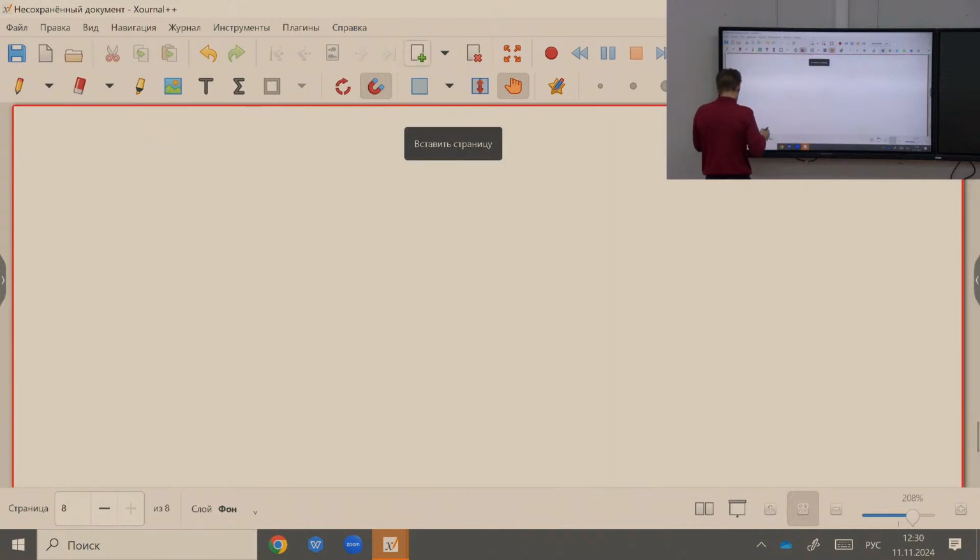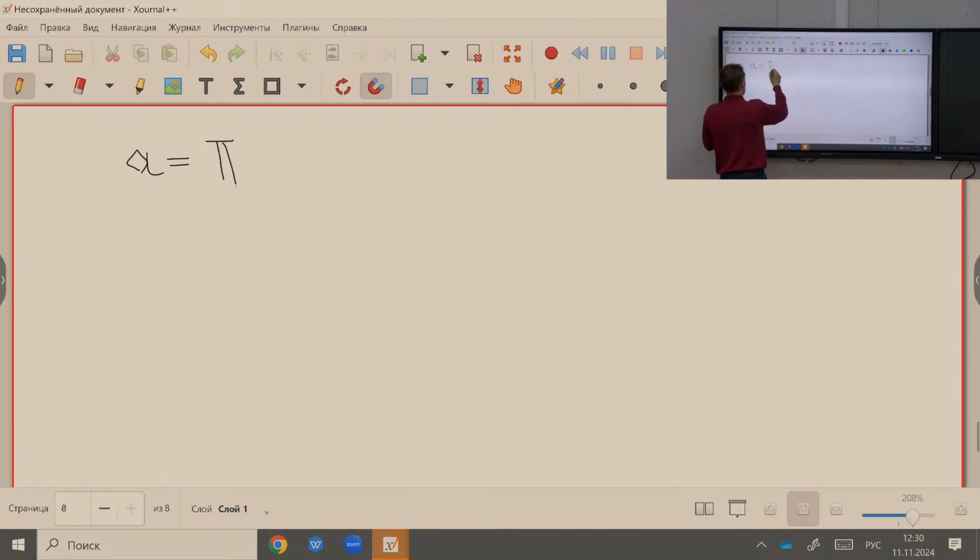So notice that if you have an arbitrary ideal, you can decompose it into primes.